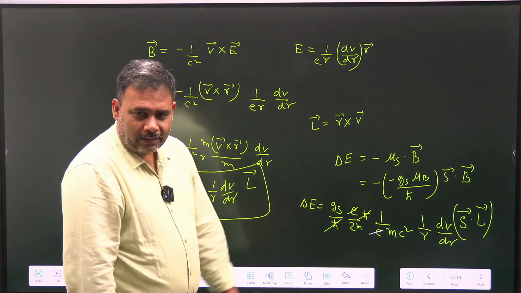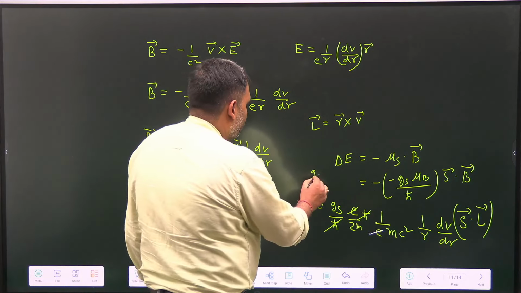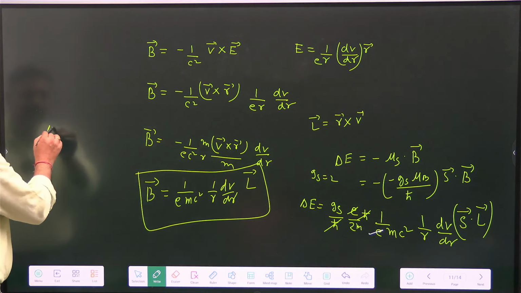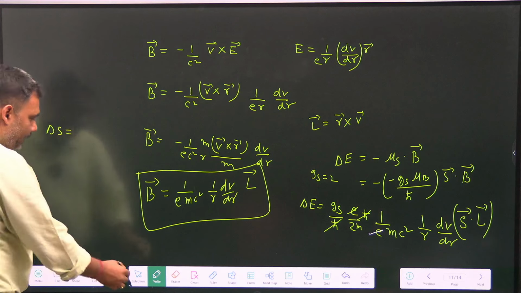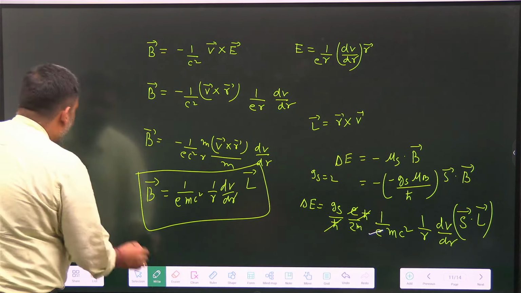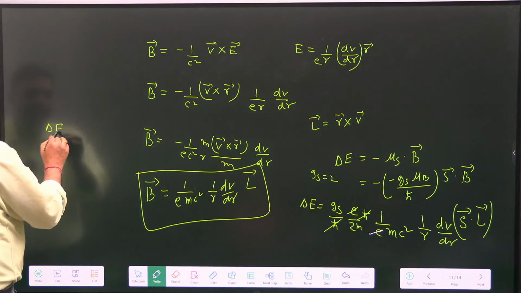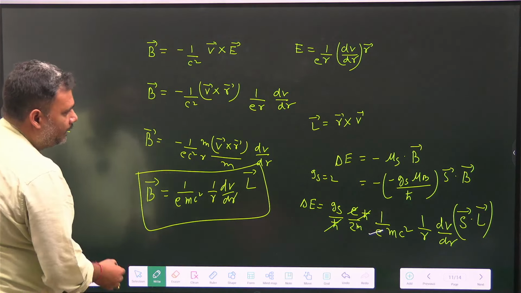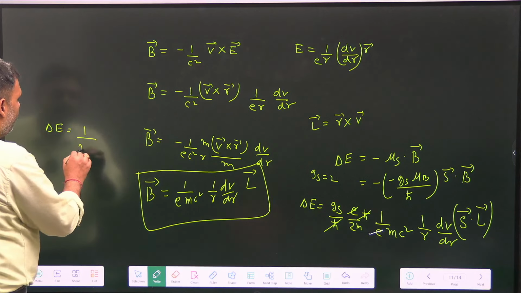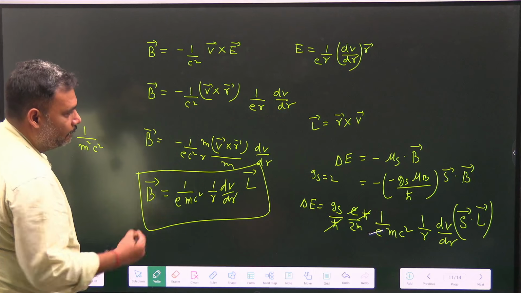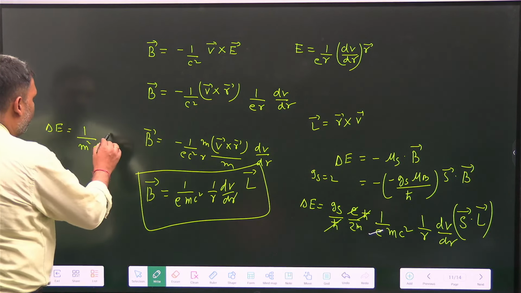So I will take the g_s value as 2. So g_s is equal to 2. So what we have is delta E, and that delta E is equal to, g_s is equal to 2, so 2 and 2 cancel out. So we have m square c square, e cancels out, h cut cancels out, and we have a very compact formula.